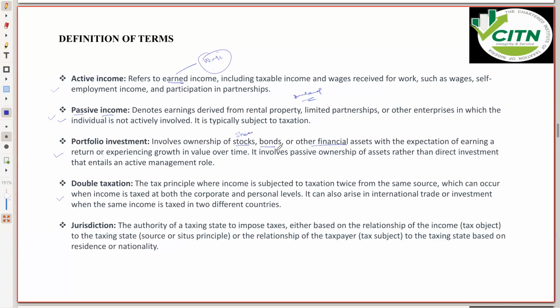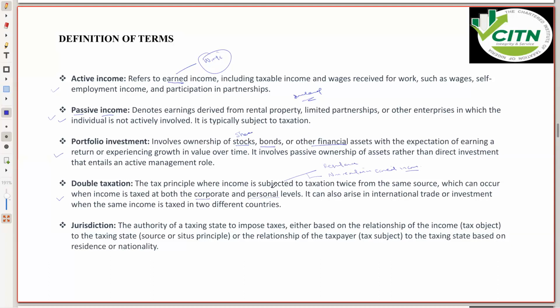A common incidence of this when it comes to international tax is where you have residence principle and non-residence and income. So the country you are earning the income from would say, this income is earned from our country, we need to tax. Then the country where you are staying would say, wow, you're residing here, so you need to pay tax to us. So that could give rise to double taxation, and that could be both at the company level and at the personal level.